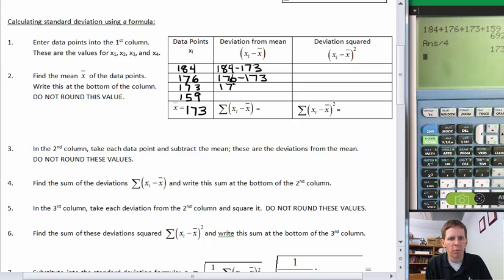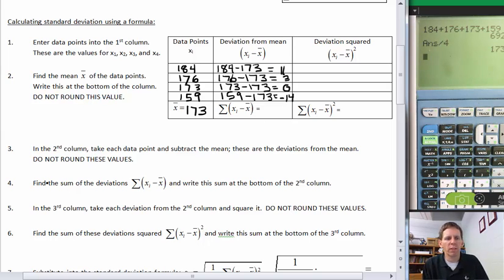It will potentially mean that we may get some negative numbers when we subtract these values. I would suspect you can do a lot of the subtraction in your head. 184 minus 173, 176 minus 173, 173 minus itself, and 159 minus 173 should be negative 14.